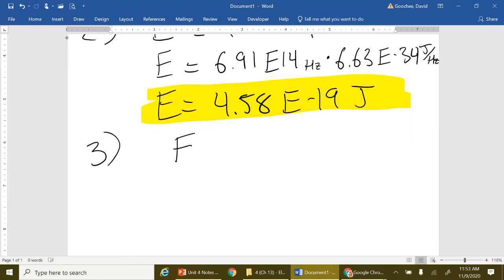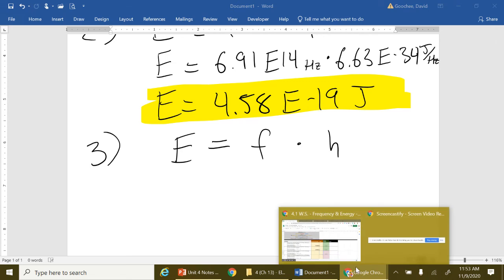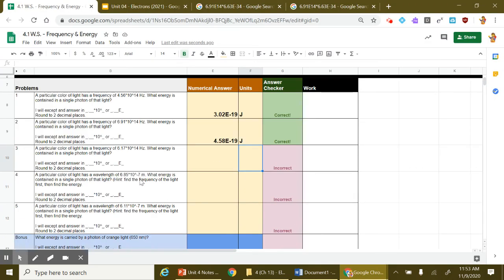I'm just going to get this equation down because it's the same one. The energy of a moving electron that releases a photon of light is equal to the frequency of that photon times Planck's constant. Problem number 3: a particular color of light has a frequency of 6.17 times 10 to the 14th hertz. What is the energy contained in a single photon?